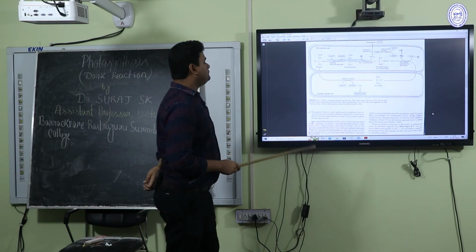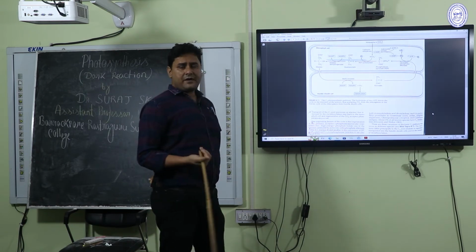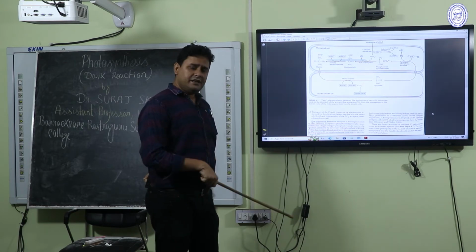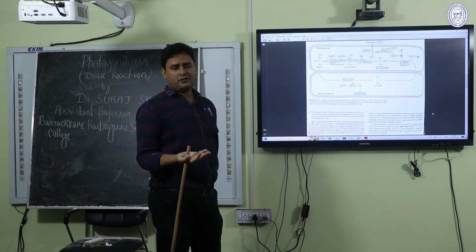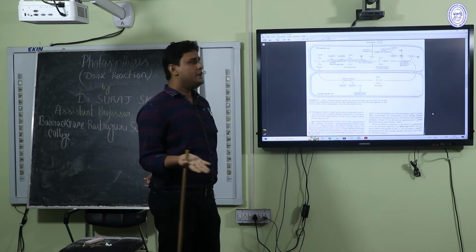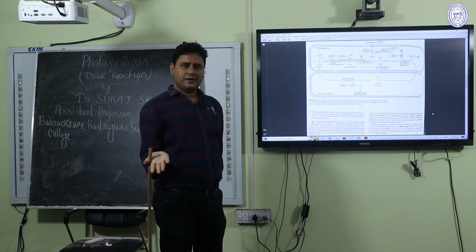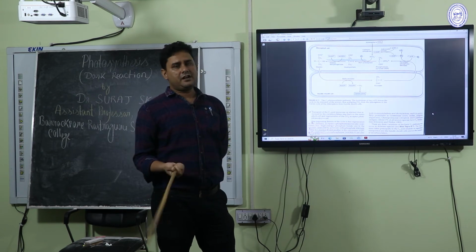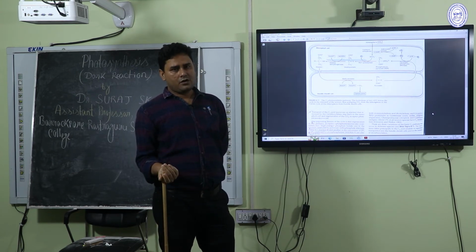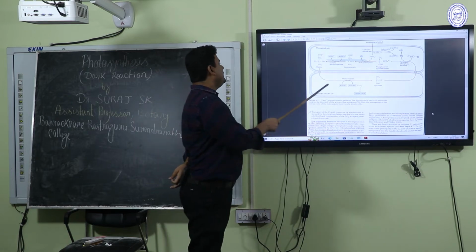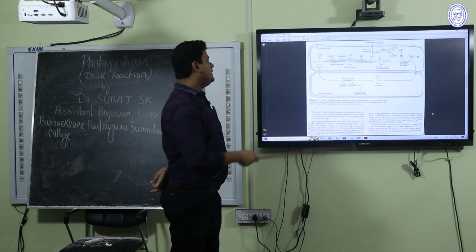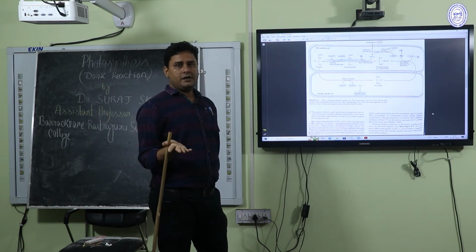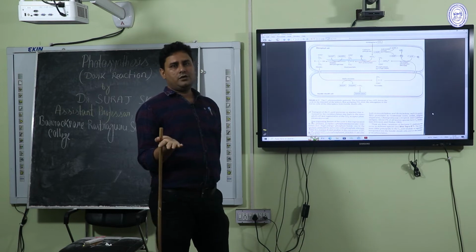Also, Kranz type anatomy is one difference. In the C3 cycle, Kranz type anatomy is absent. In the C4 cycle, Kranz type anatomy is present. In the C3 cycle, the first intermediate was a 3-carbon compound, but here in the C4 cycle, the first intermediate is a 4-carbon compound.